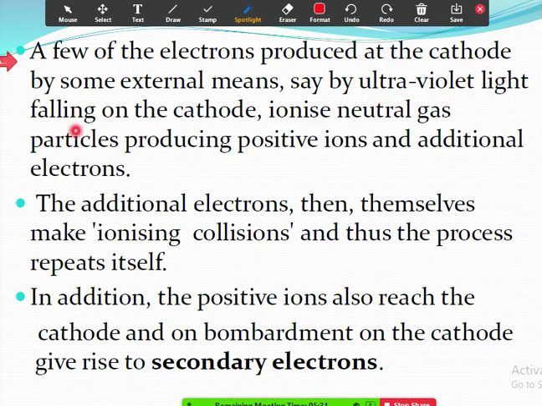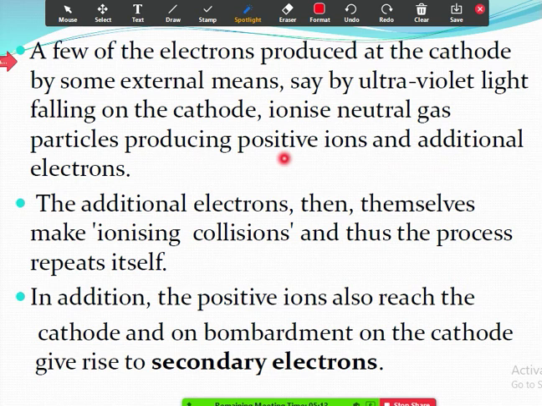So UV light falling on the cathode, what happens? It will create electrons, and these electrons ionize neutral gas particles, producing positive ions and additional electrons. So this is what we have seen in the discussion.